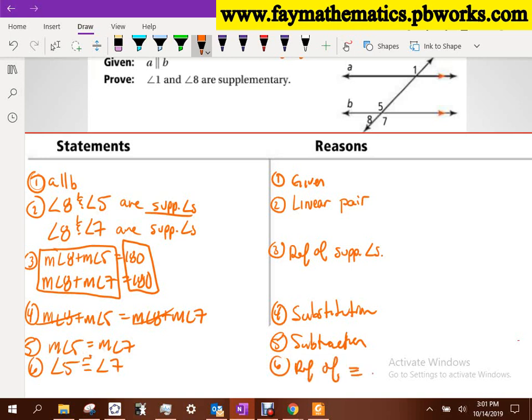Okay. And at this stage, I've seen some people kind of look around like, why are we doing this? Because we just got angle 5 be congruent to angle 7, right? And our logic is 100% accurate.